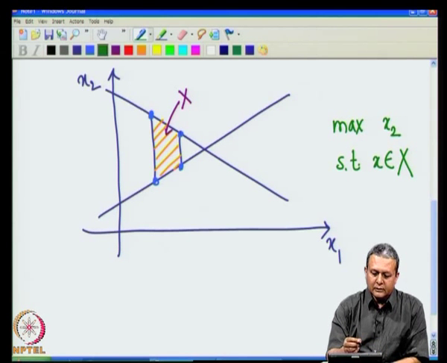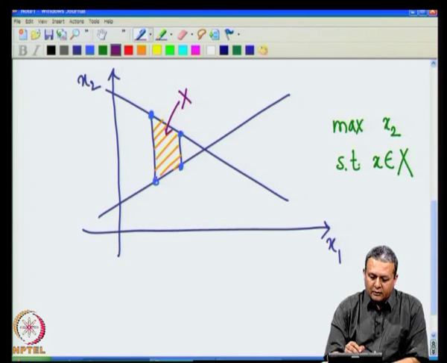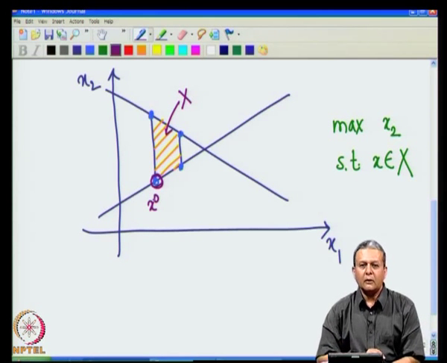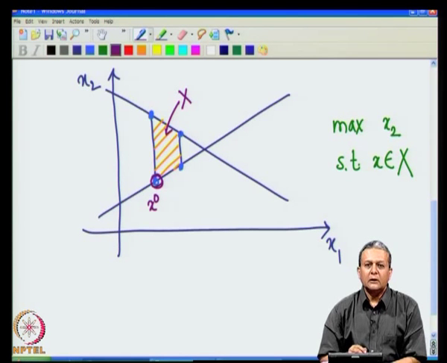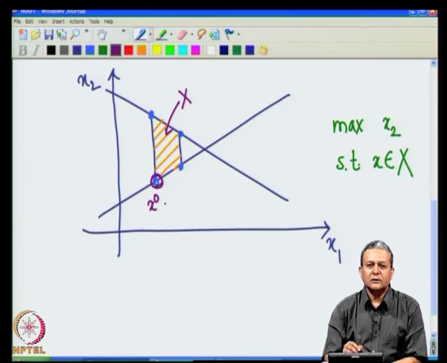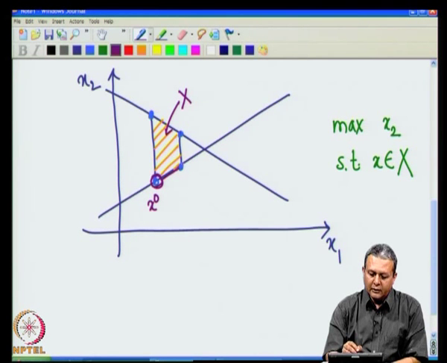Now, suppose we start with this point as our initial point. Let us call this x0. There are 2 neighboring points for this vertex. Suppose the simplex algorithm chooses to move along this and go to the point x1.